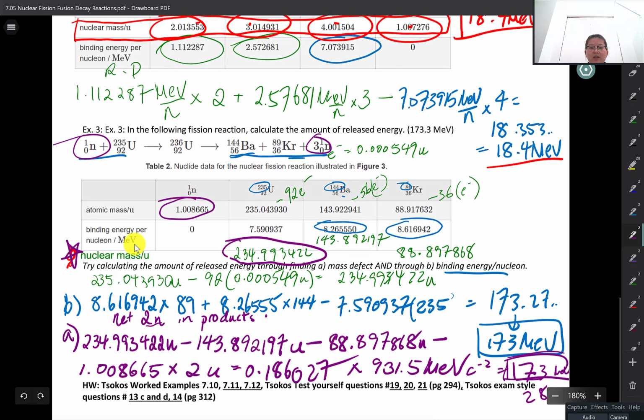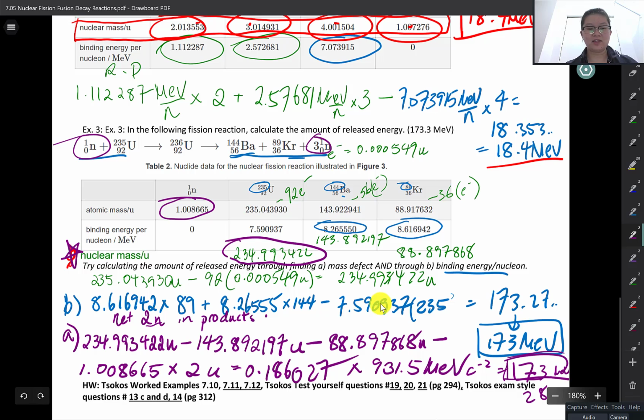One thing: we calculated the nuclear mass instead of just using the atomic mass, but there's a unique case in which, if the number of electrons in your reactants is exactly the same as in your products, then when you subtract them the terms go away, meaning no net gain or loss of electrons.